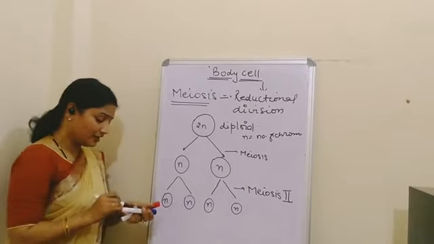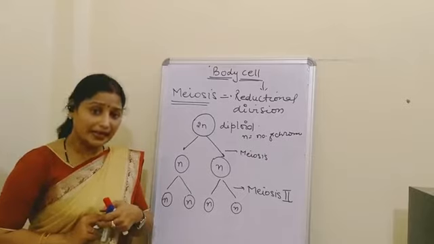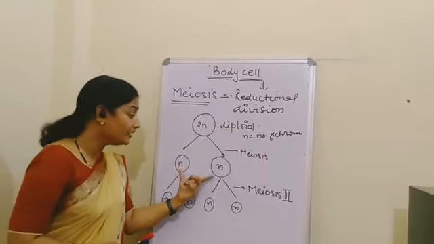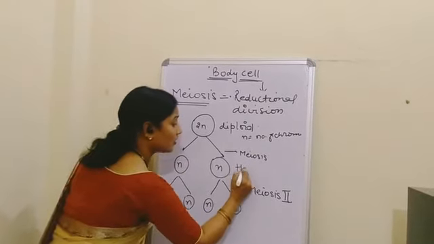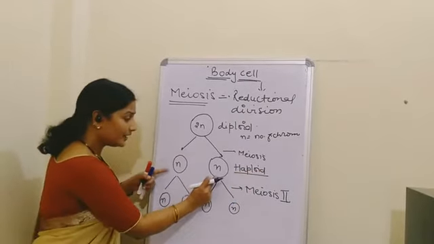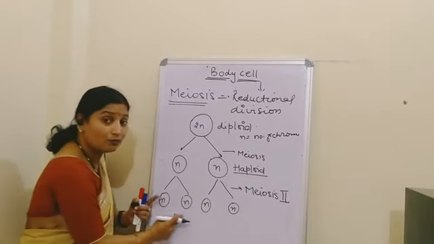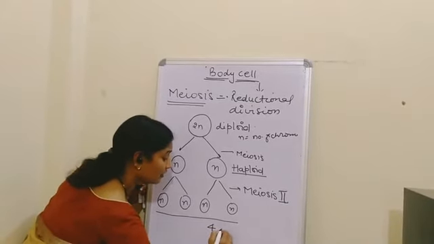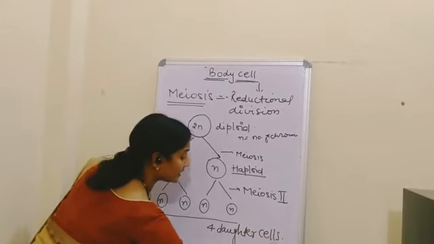Now see children, meiosis is a special type of reductional division in which at first the diploid cell divides into 2 and becomes haploid. Now this is called a haploid cell. Okay. Then there is a normal division in the haploid cell to form 2 more cells. So at last we get a total of 4 daughter cells.